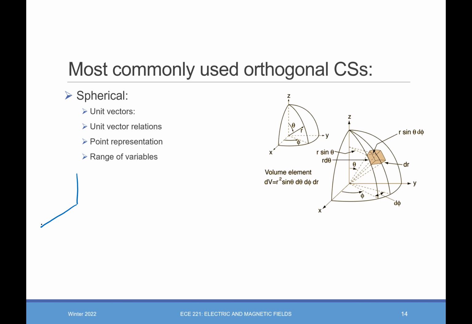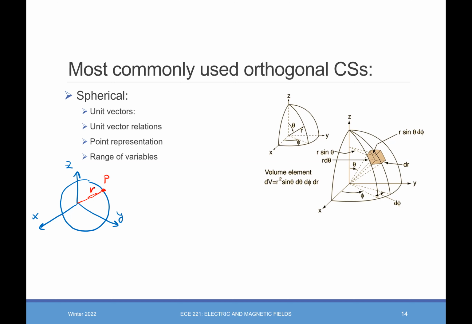So let's say X, Y, Z, and let's imagine a sphere, because that would help us define the position of this point P. Now this doesn't look like a good sphere, but the sphere has to be centered at the center of the coordinate system. Then what we can define first is obviously the radius of this sphere. Let's call that R.